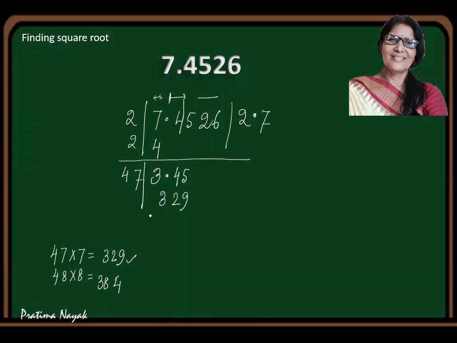Next, it will be 16. Here 2, 6. 2, 6 all come down. 47 plus 7, 54. Now, what should be multiplied to get your 6?